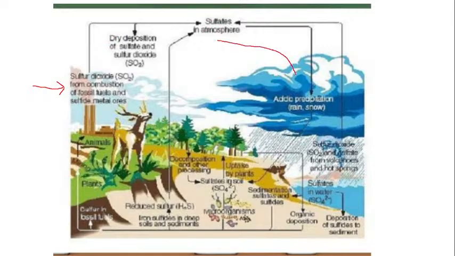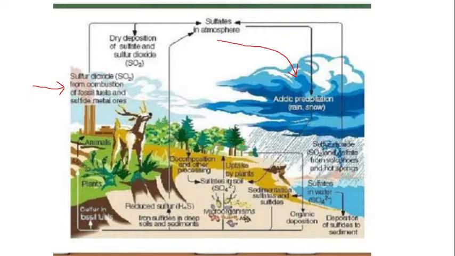It will combine with the clouds or snow and will reach the earth back through rain as acid rain, and this acid rain will affect the plants, monuments, the aquatic ecosystems, etc., because there is a change in the pH of water when this acid rain falls on the water bodies. This is what is known as the sulfur cycle, which is a sedimentary cycle, and it is an imperfect cycle.